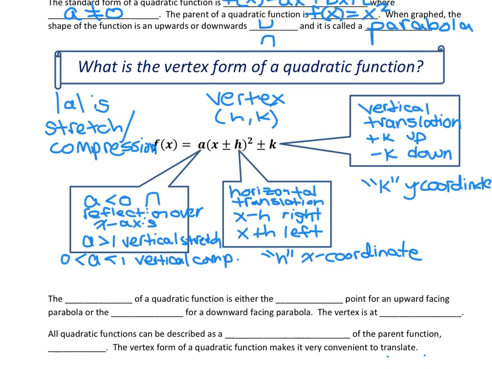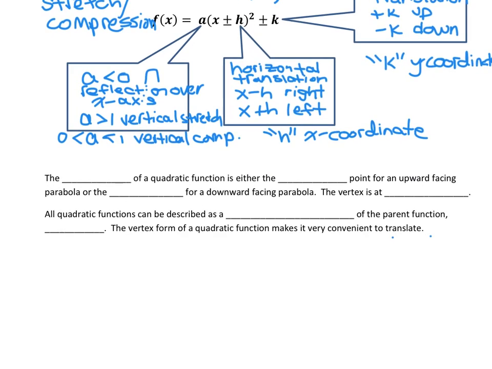Okay, and the vertex also kind of tells you what's a min or max. So if we have our vertex information in some kind of real world application, it's either the minimum point for an upward facing U, or it would be a maximum for a downward facing U. And as I already said, the vertex is at h comma k.